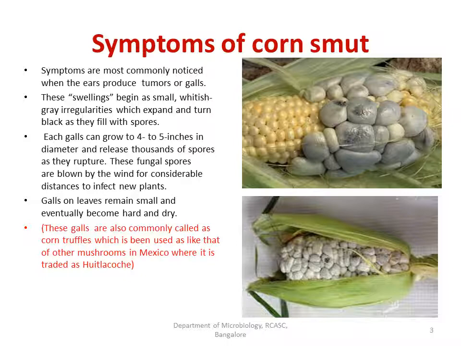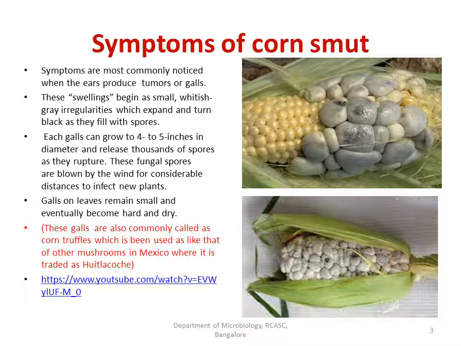Remember, this is important for examination. The edible mushroom Huitlacoche is nothing but the fungus which has infected the corn, the fungus Eustylago maydis. I have also given a link about this Huitlacoche. You can go through that.